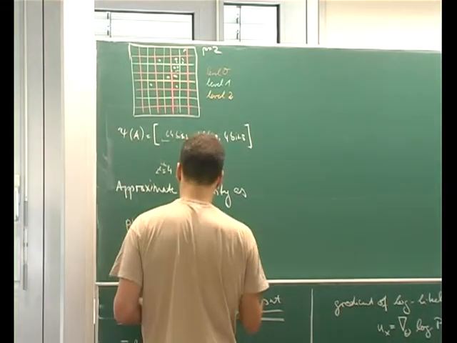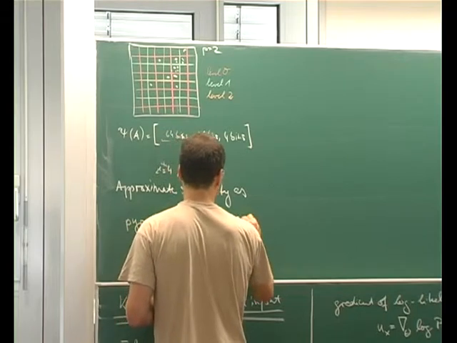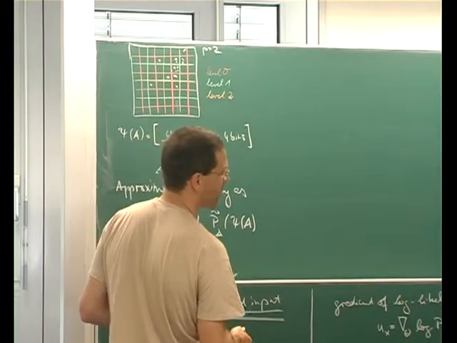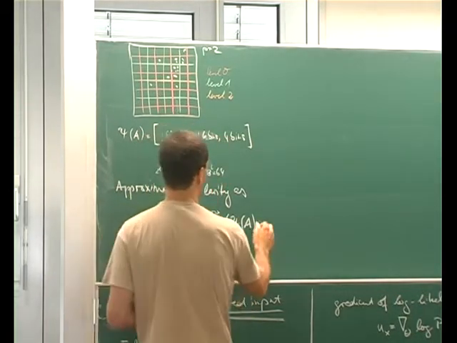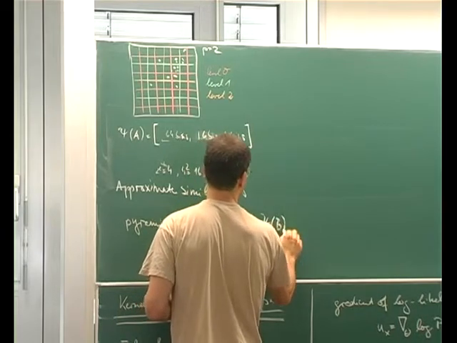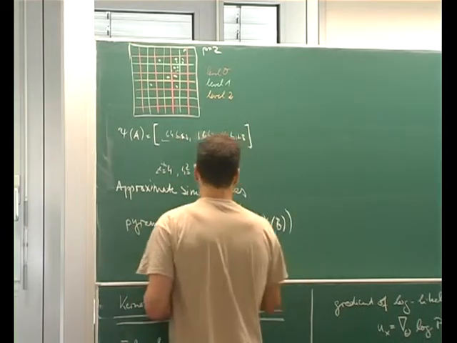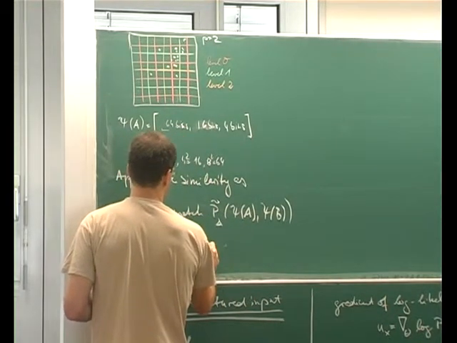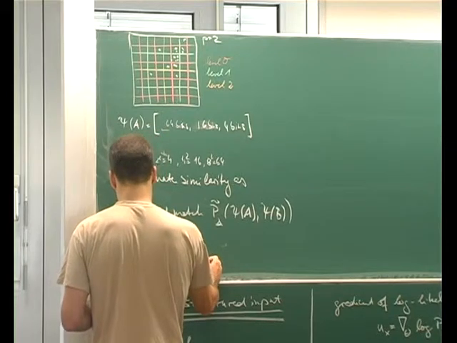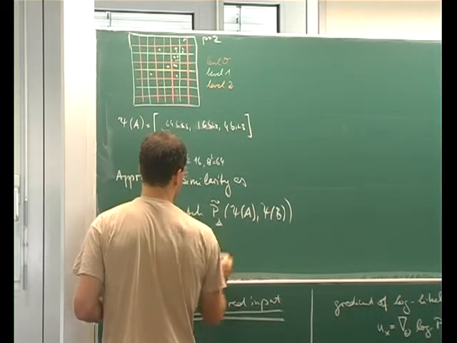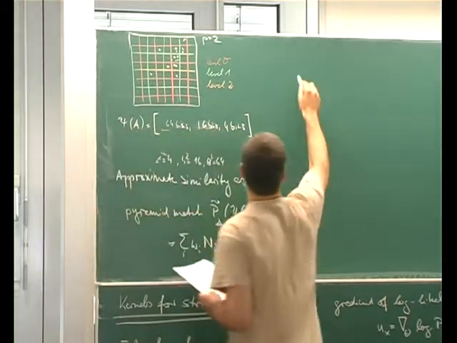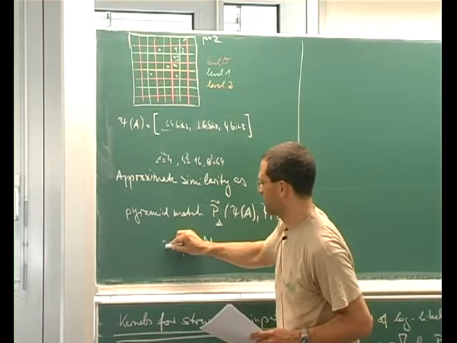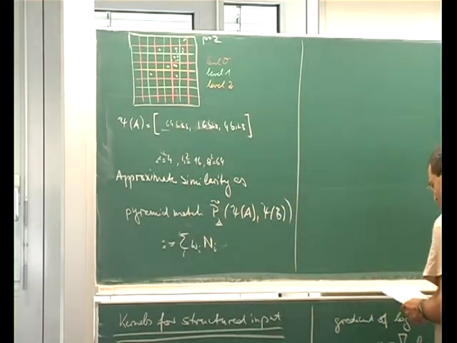P probably stands for pyramid, and this pyramid match between the feature extraction function between a set A and a set B is given by a weighted sum over the newly matched pairs at each level. So let's look at these terms in more detail.